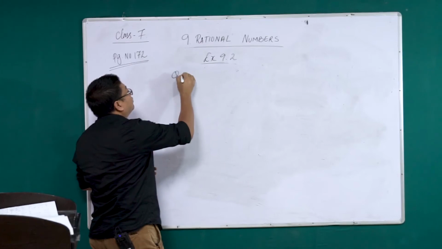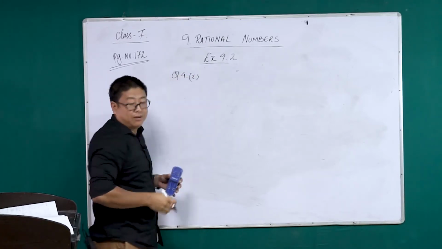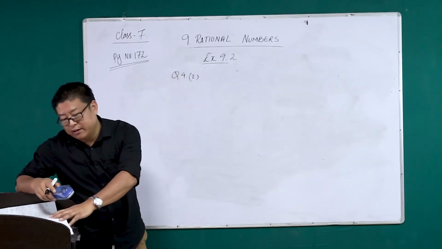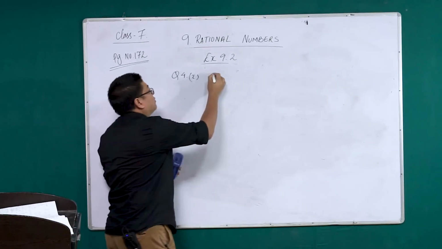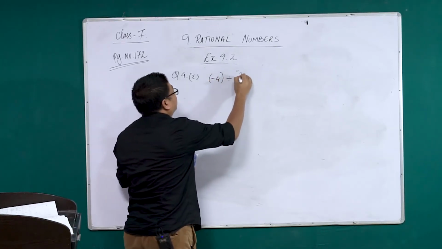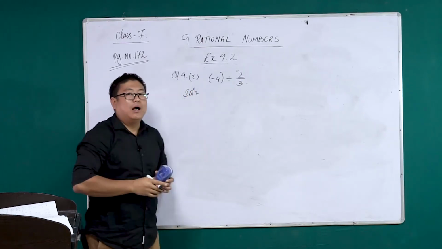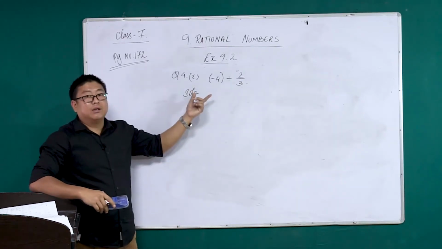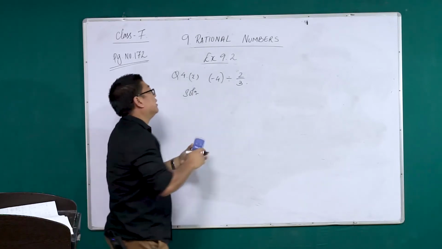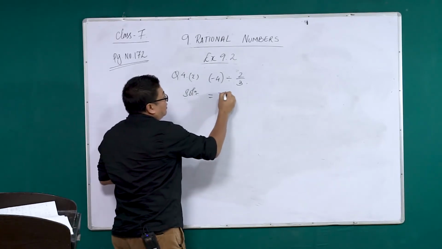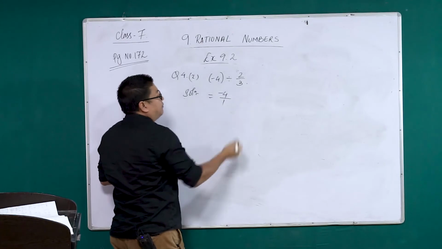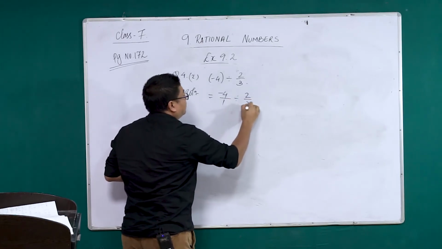And finally, before we wind up, let me solve a few more questions on division. Find the value of, the first one is minus 4 divided by 3. So this is also another simple procedure. Here you just have to remember one thing. Now I told you that if there is no denominator, there is a 1. Divide 2 by 3.